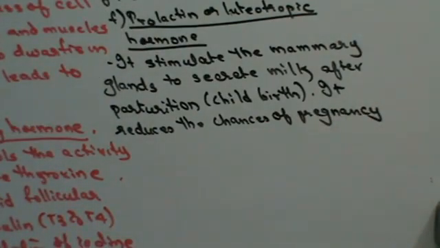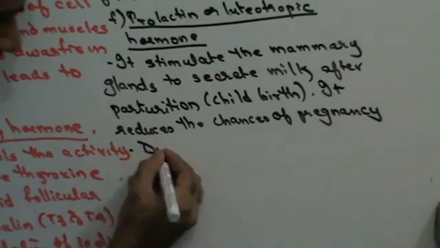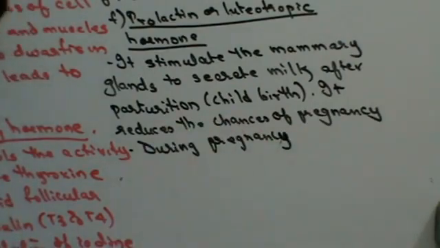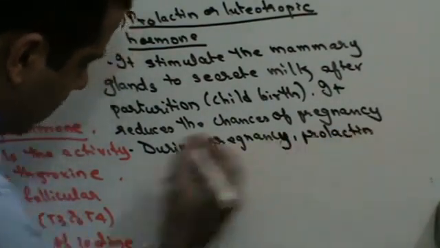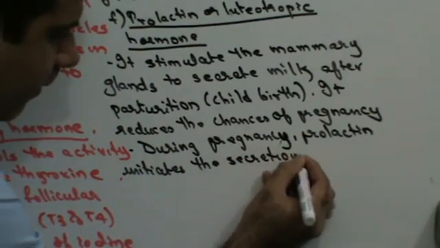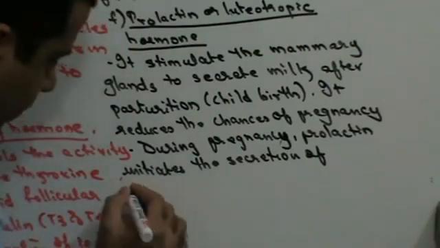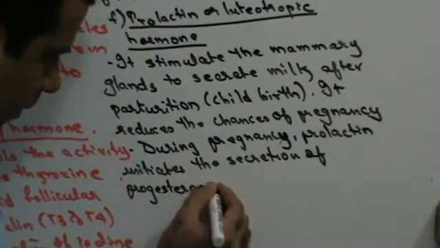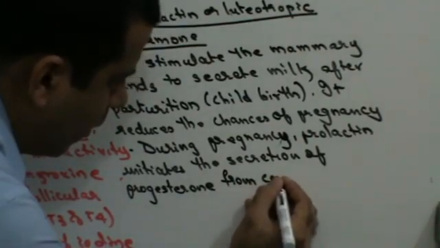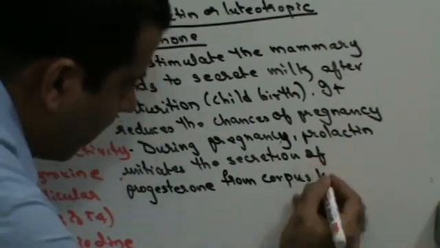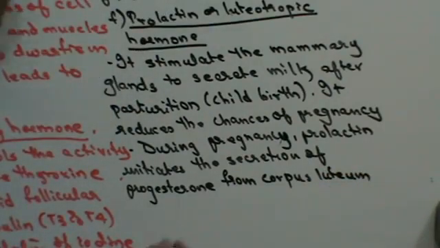Right? Now, during pregnancy, prolactin initiates the secretion of progesterone from corpus luteum to maintain pregnancy.